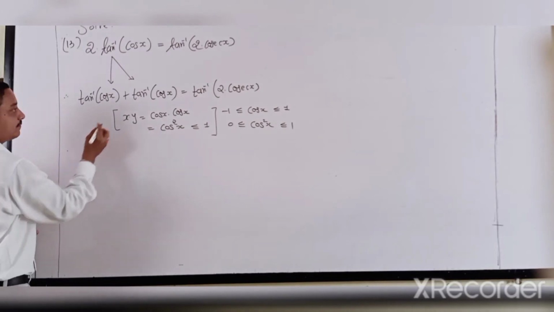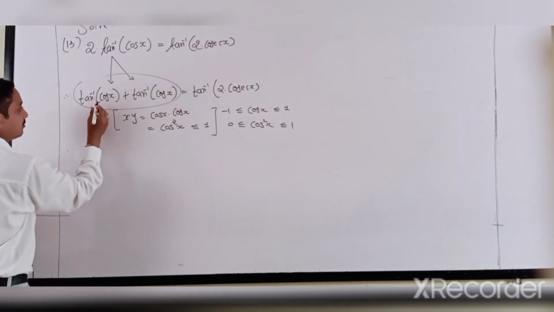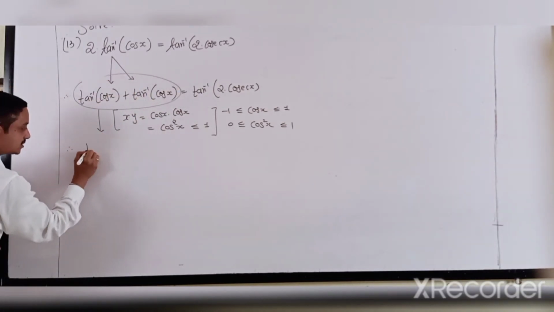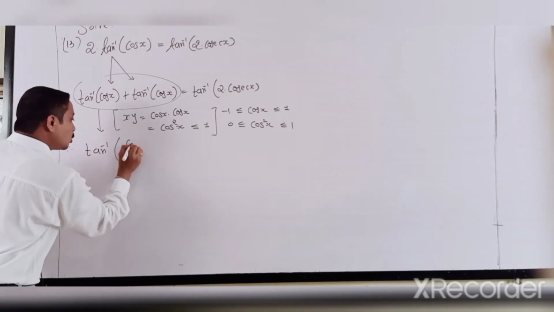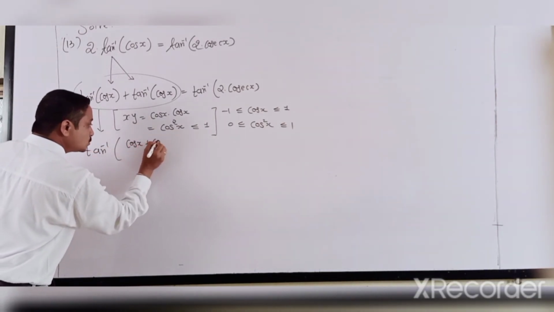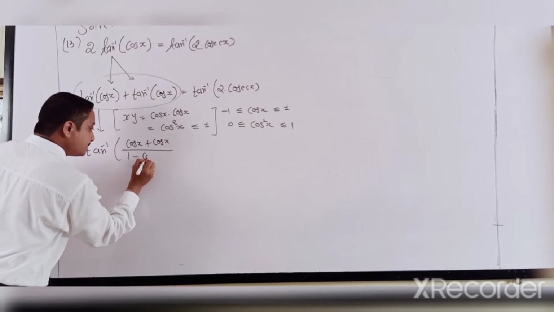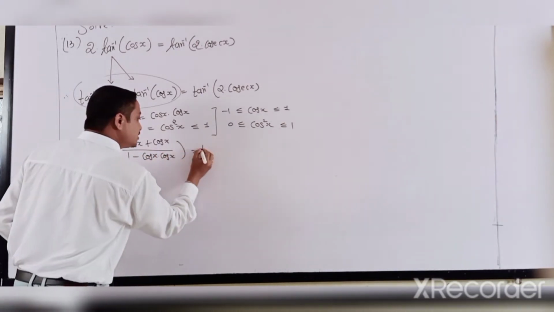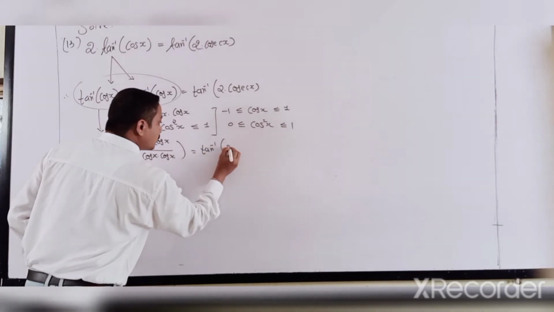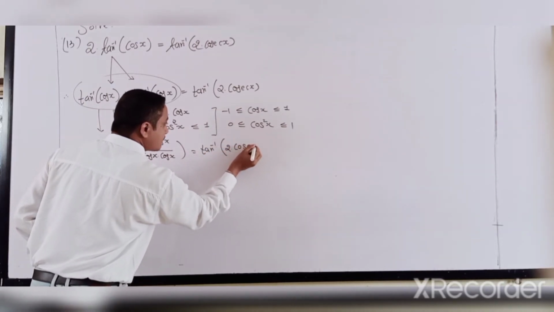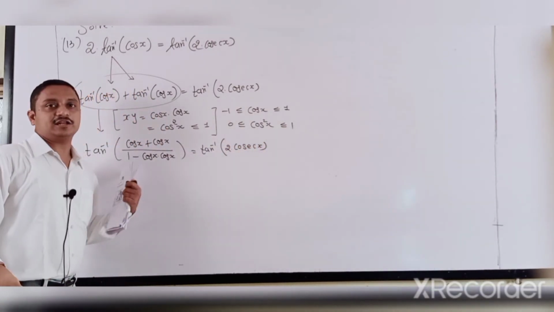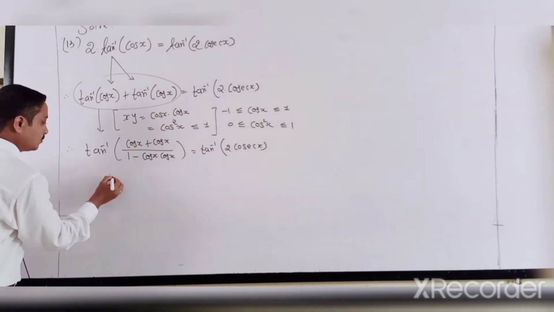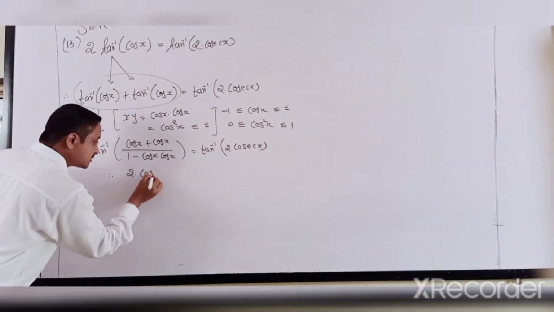So apply here in the left hand side our property tan inverse, cos plus cos divided by 1 minus cos into cos. Right side function as it is. Now tan and tan inverse, remove both sides. You get just 2 cos x.